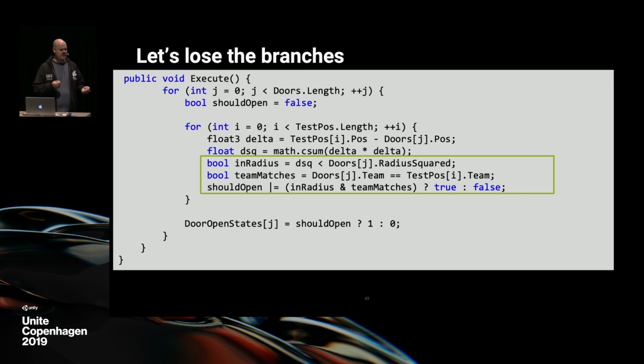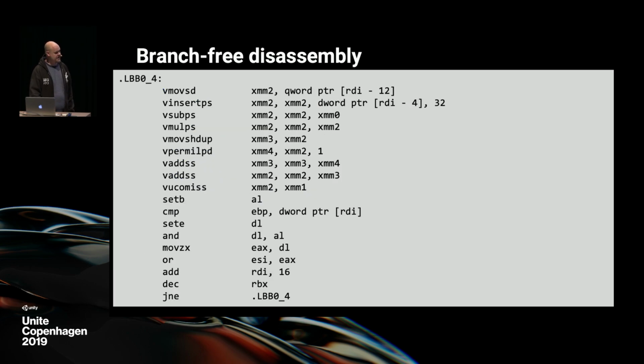And this does mean that we're going to go through all the players, but remember, that's the worst case anyway, and they are going to be in cache. So we do that, and we end up with this disassembly instead. The top section, the compute section, is still exactly the same because we haven't changed it. But if you look down here, the loop condition is now handled branchlessly. So there's just one loop, which is what you want to see before you even get to SIMD.